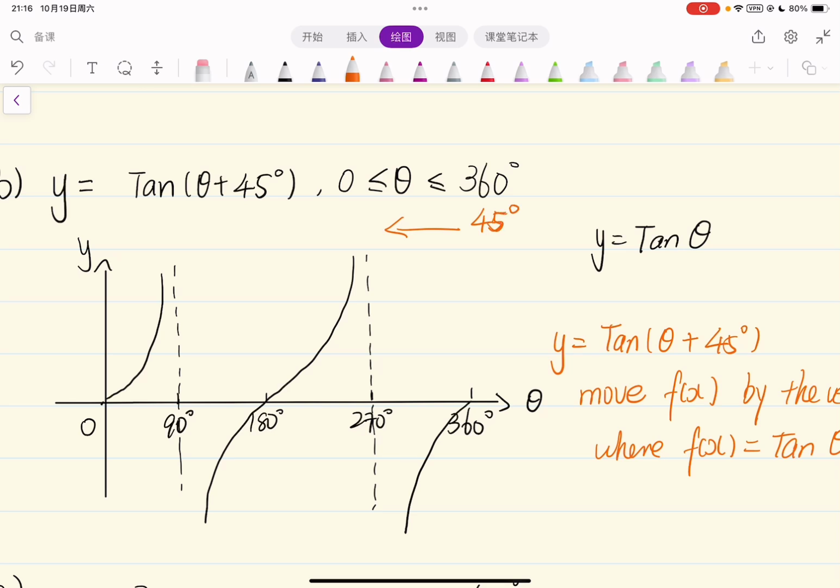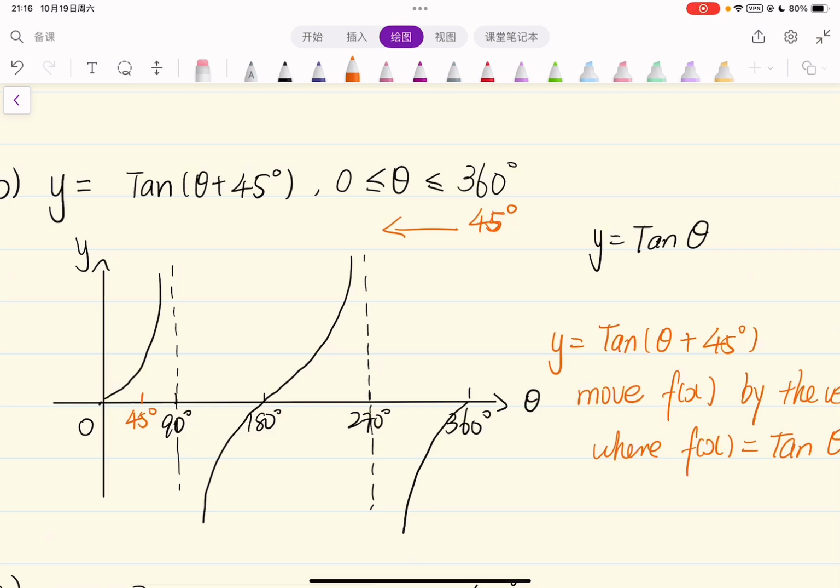So 90 minus 45, that is 45 degrees. 270 degrees minus 45 degrees, that is 225 degrees. Here are the new asymptotes. Right?